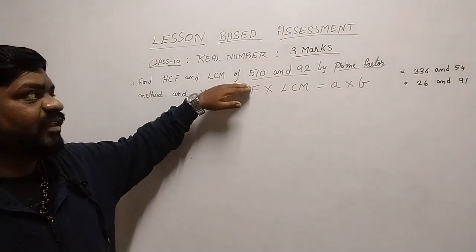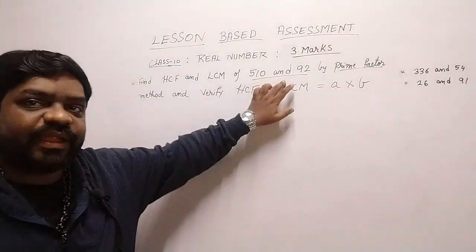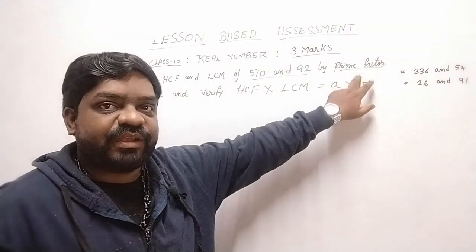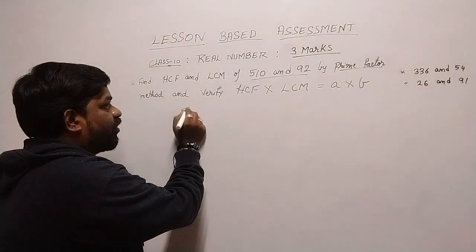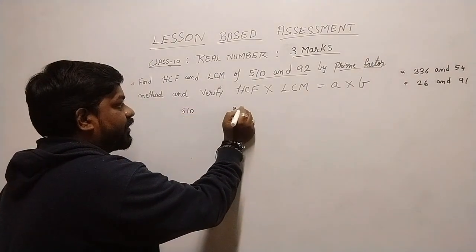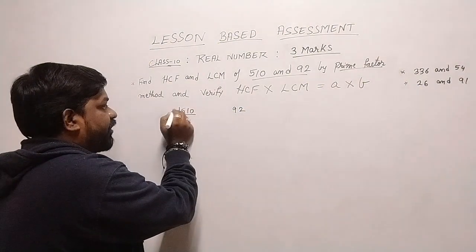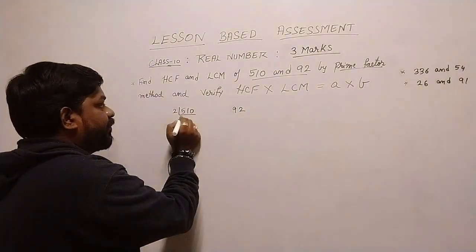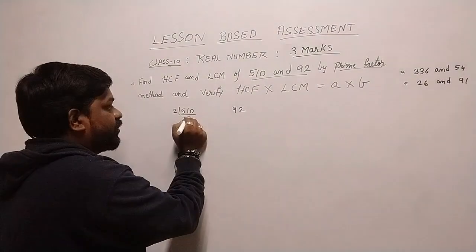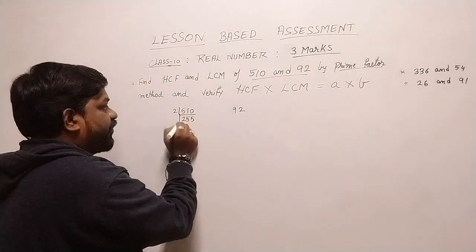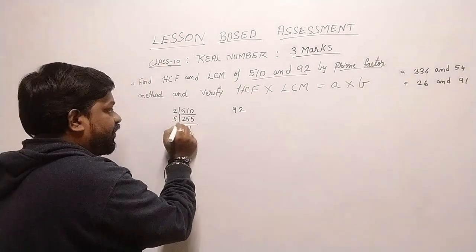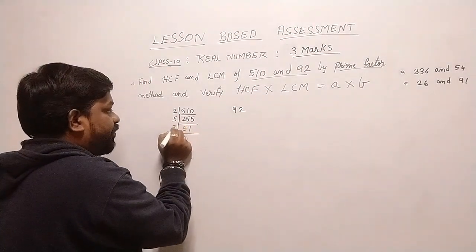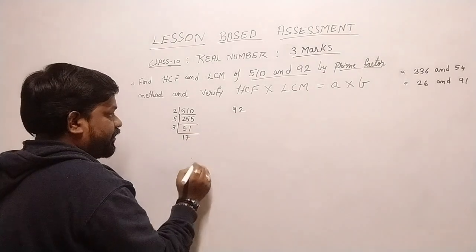Find the HCF and LCM of 510 and 92 by prime factor method. First, we need to find the prime factors of 510 and 92. The prime factors for 510: 2 fives are 10, 255 divided by 5 will be 51, and again if we divide by 3, 17.